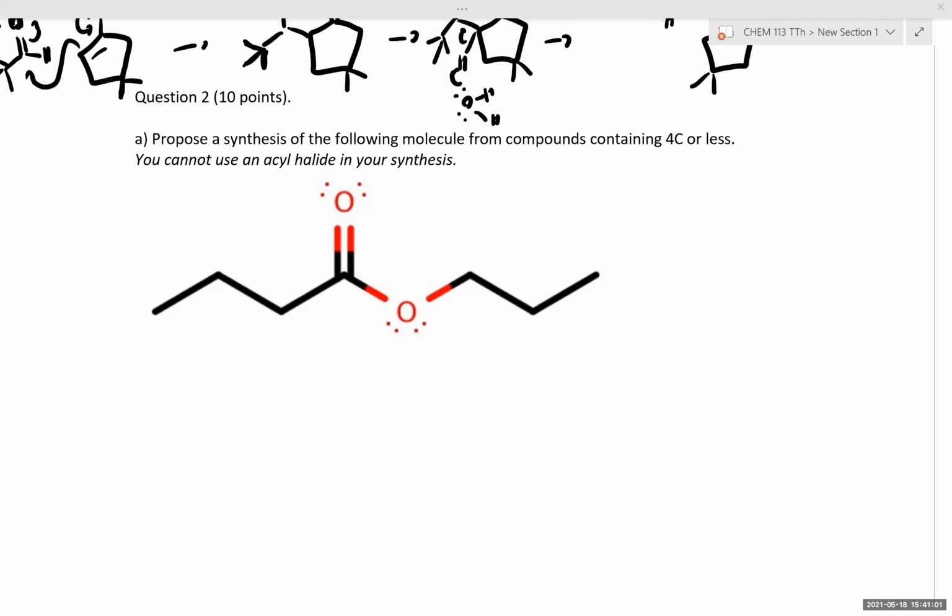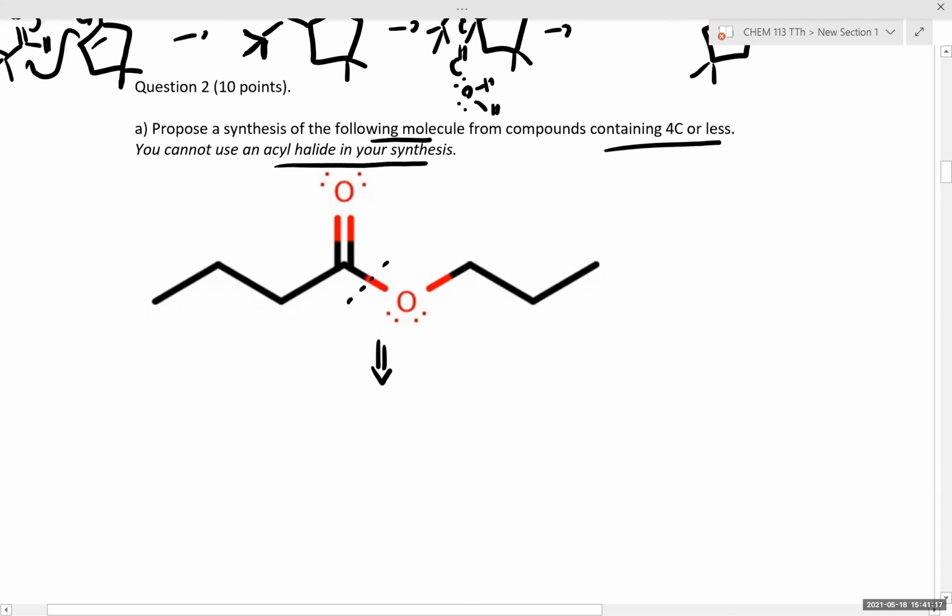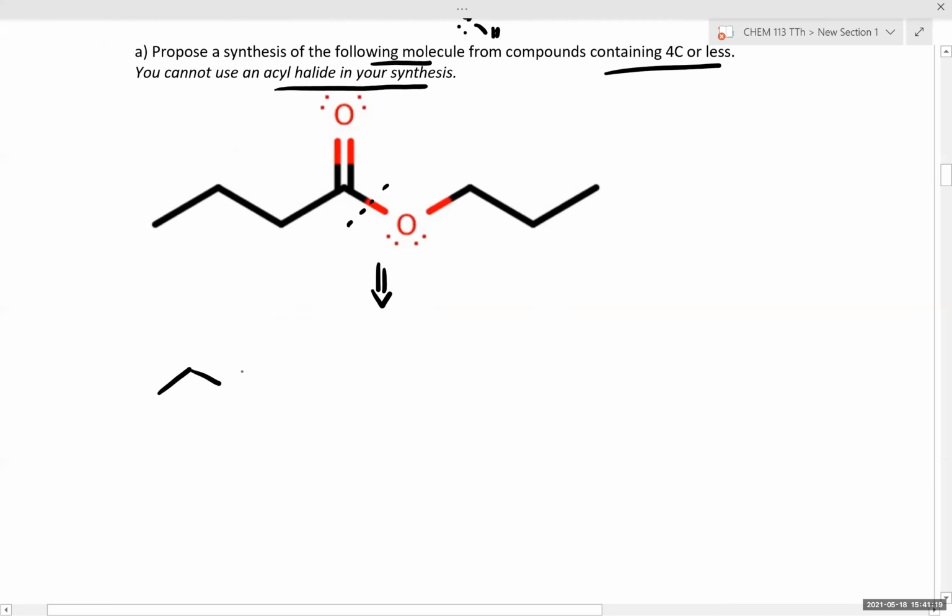Okay, so let's look at these next questions. In this case, we're asked to propose a synthesis of the following molecule from compounds containing 4 carbons or less, and we cannot use an acyl halide in our synthesis. Okay, so we're going to break this bond, and we can form esters using the classic Fischer esterification.